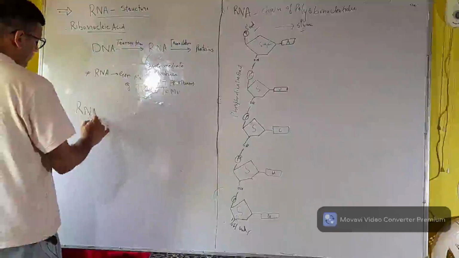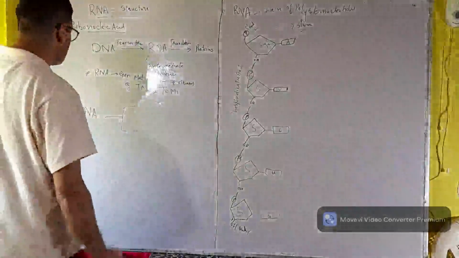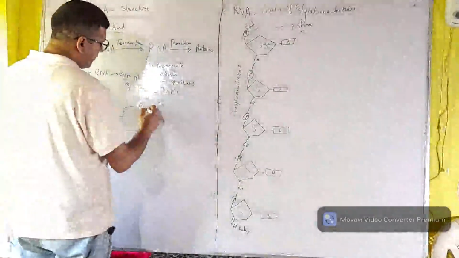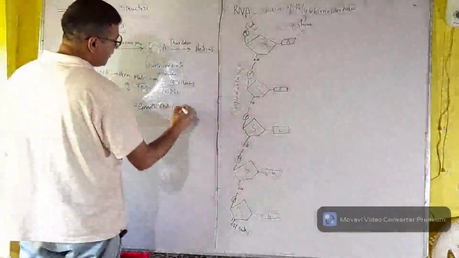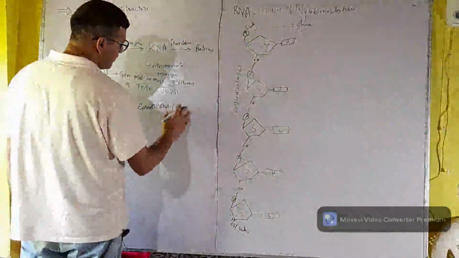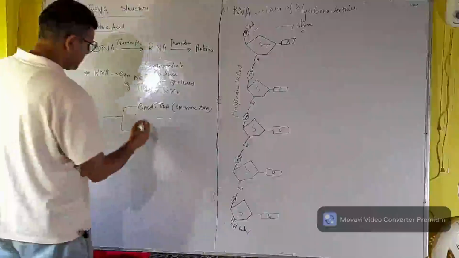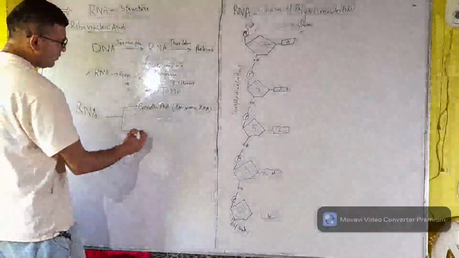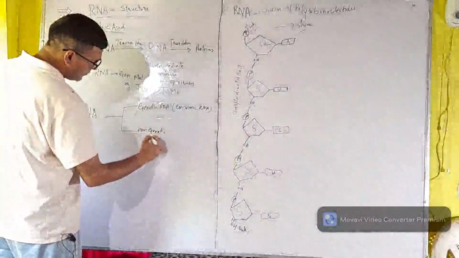There are 2 types of RNA. One is called genetic RNA or genomic RNA, and another is called non-genetic RNA.